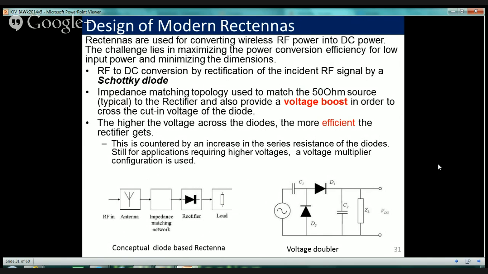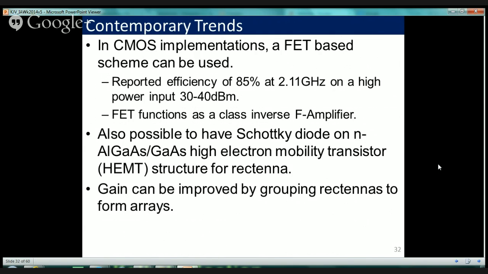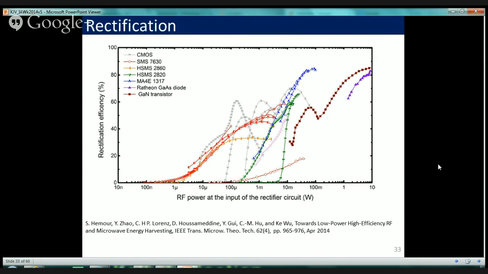There are several schemes of implementing these rectifying diodes, including some new generation techniques in terms of fabrication technologies. Typically, the best results reported in the literature show that when you have power in the order of watts, you can get good efficiencies, whereas when you have power in the order of microwatts, your efficiency is very low.